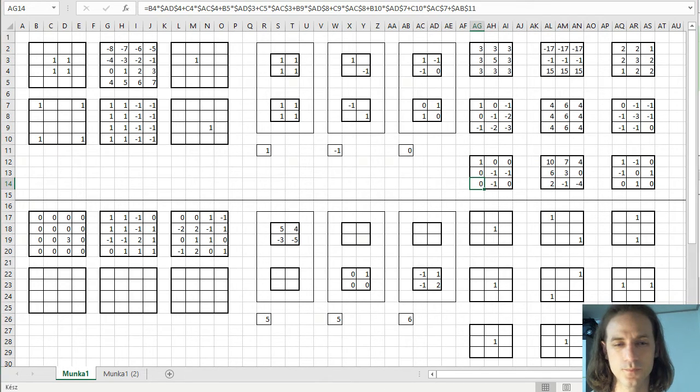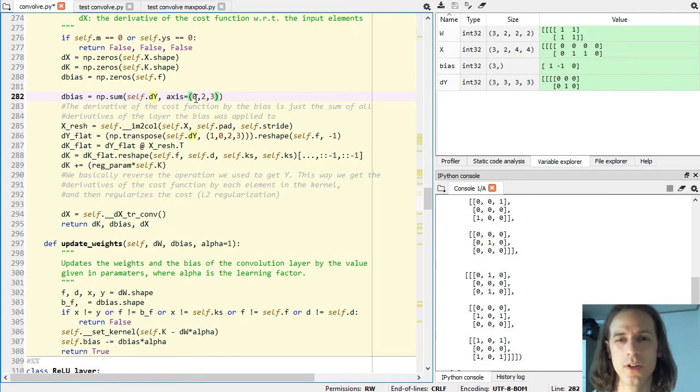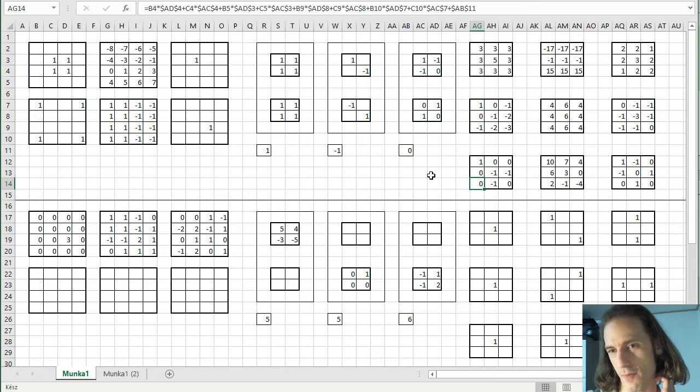That's what happens here, we sum up. The 0th axis is the sample number, the first axis is the layer number, and the second and third axes are for x and y, so rows and columns. You can see that we sum up over all these axes except the layer axis.